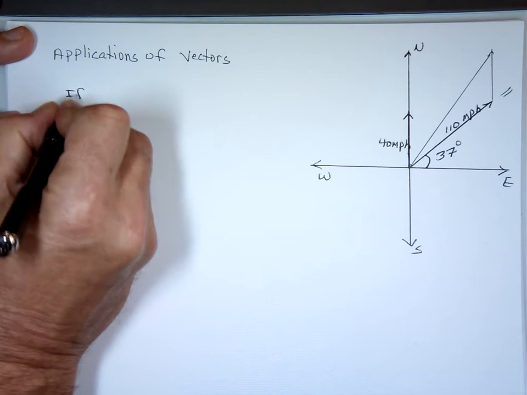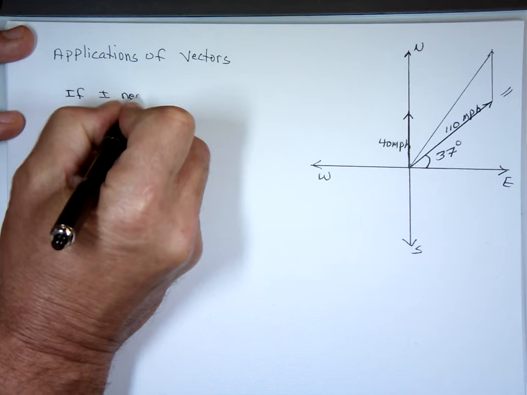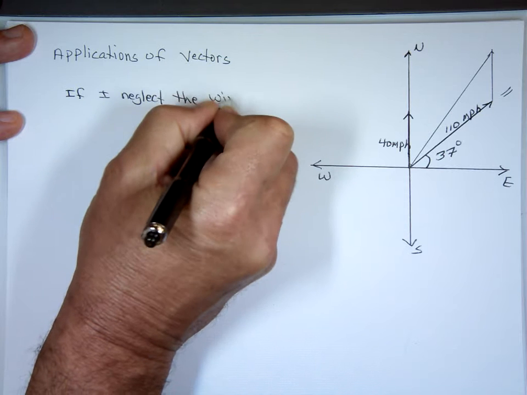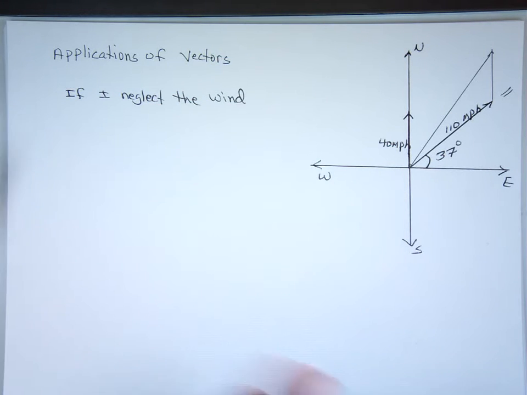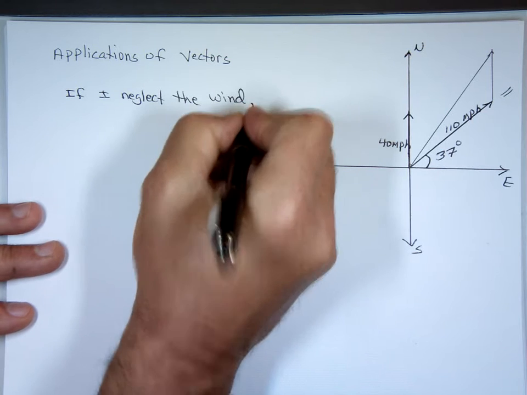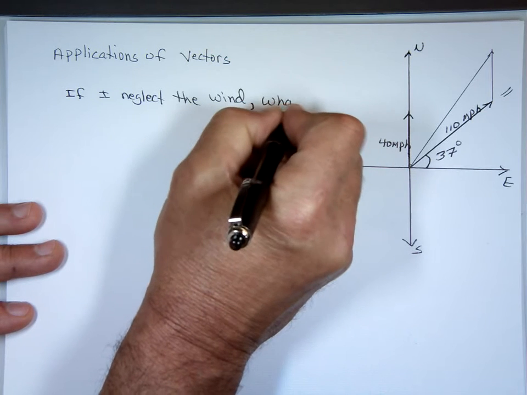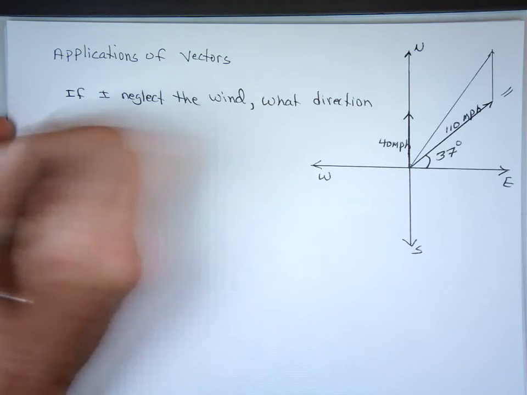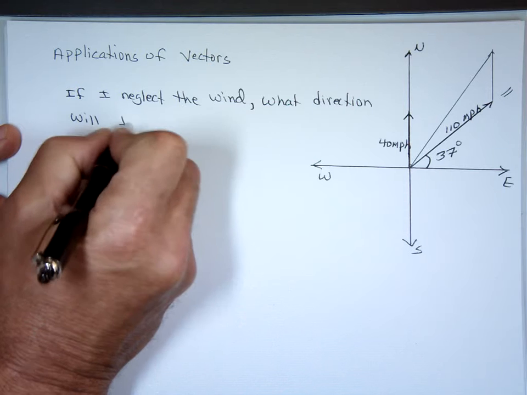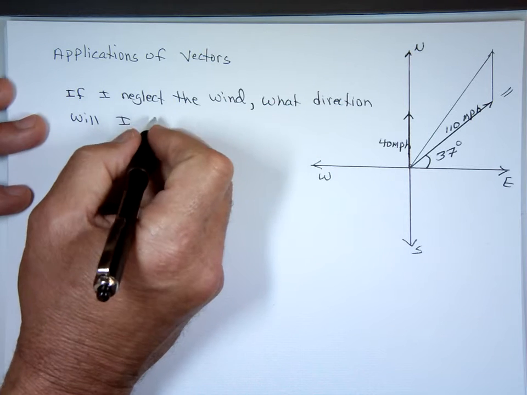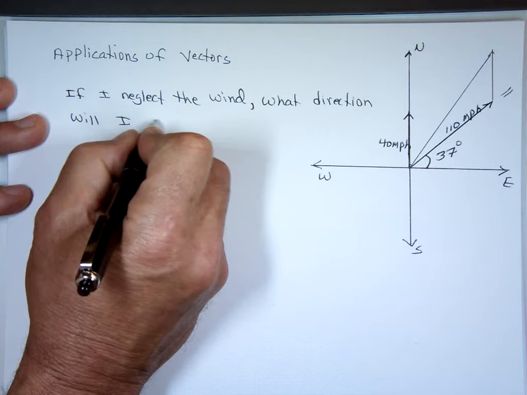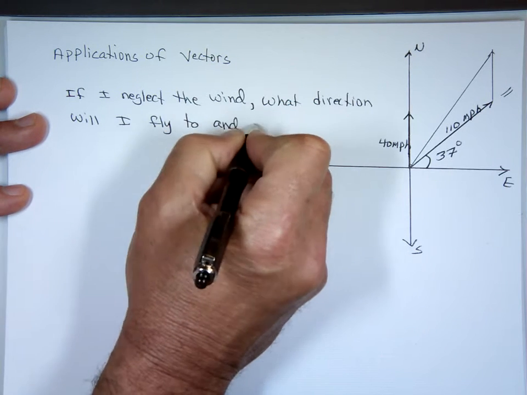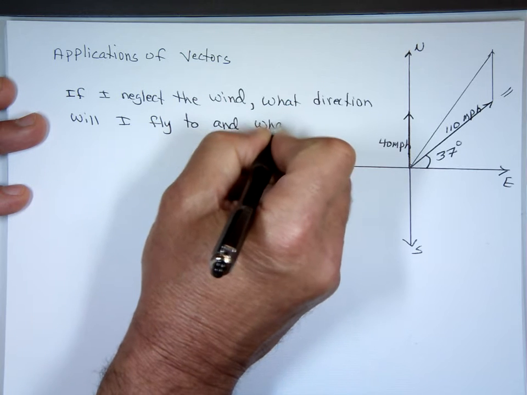So if I neglect the wind, I don't want to neglect it, but if I was stupid enough not to pay attention to it, what direction will I fly to, and what is my speed?